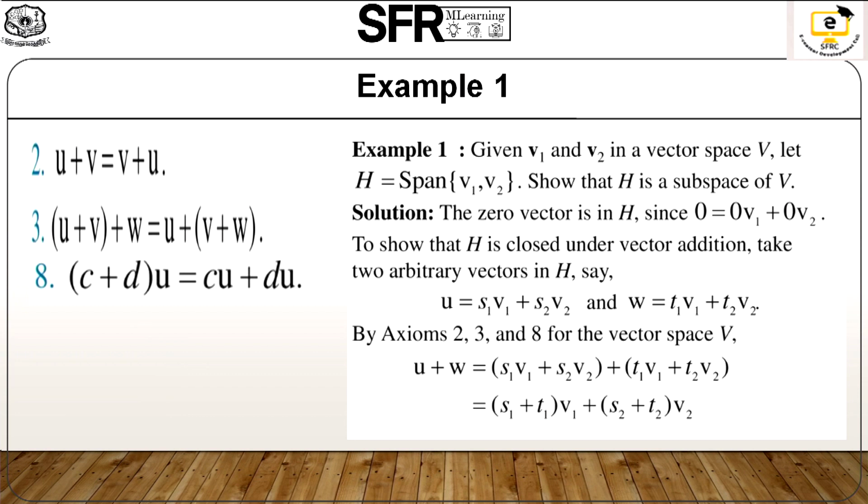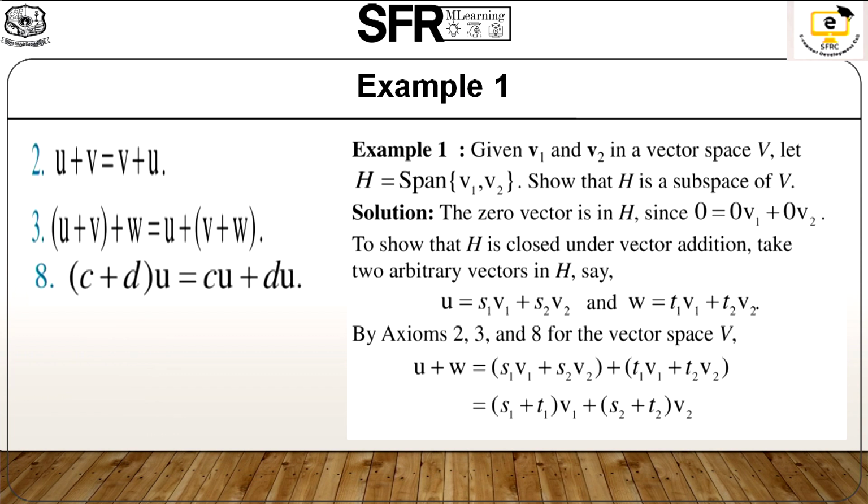Number 2, we have to show that H is closed under vector addition. For this condition, we take two arbitrary vectors, u equal to s1 v1 plus s2 v2 and w equal to t1 v1 plus t2 v2. We already know that every subspace is a vector space. We use the axioms u plus v equal to v plus u, that is the commutative property, and the associative property, u plus v plus w equal to u plus v plus w.